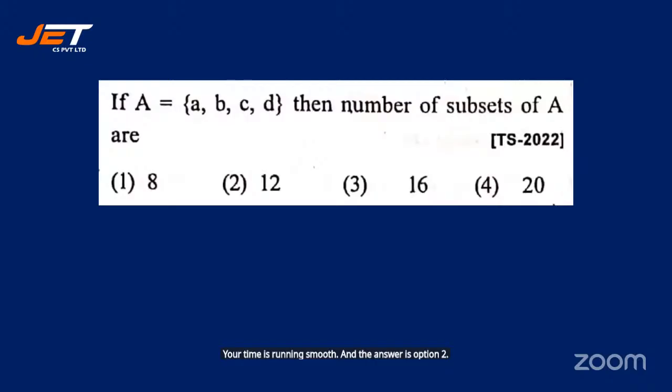Right. Now, for this, we will check with the students who all have given the correct answer. Okay. So set A, we say it is A, B, C, D. Then the number of subsets of A are dash. What is the number of subsets of A?